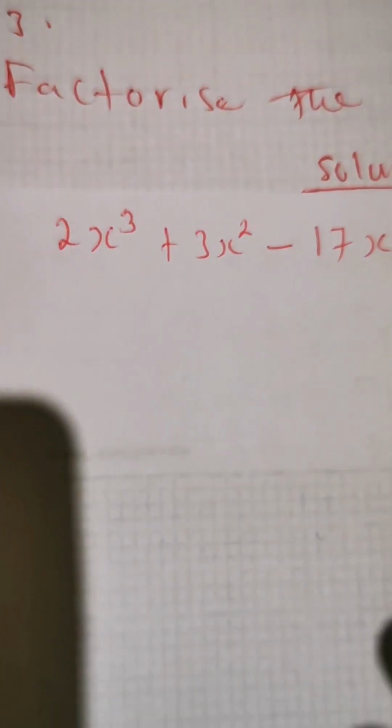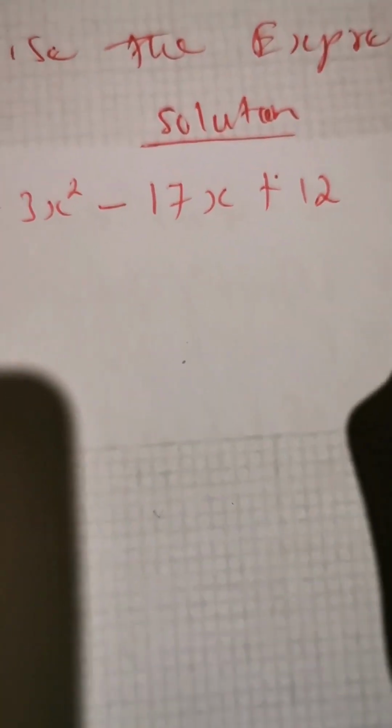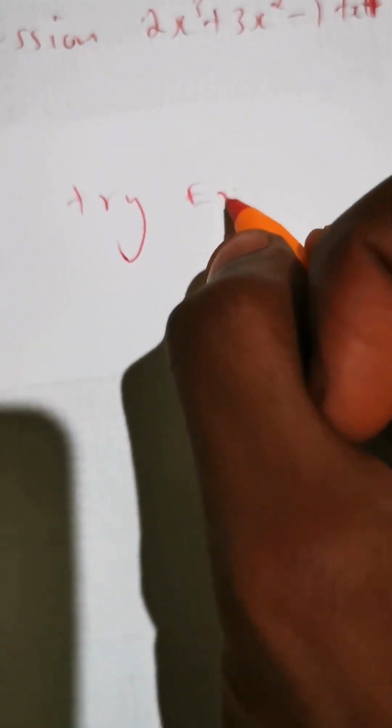When you're factorizing such an expression, you need to use the method of trial and error. What I mean is you try values starting from 1. If x is equal to 1 and you put 1 here and it gives us 0, that means it is a value that is accepted.